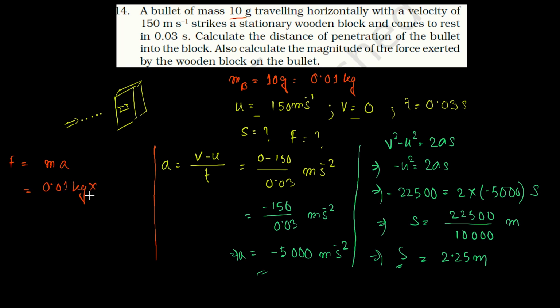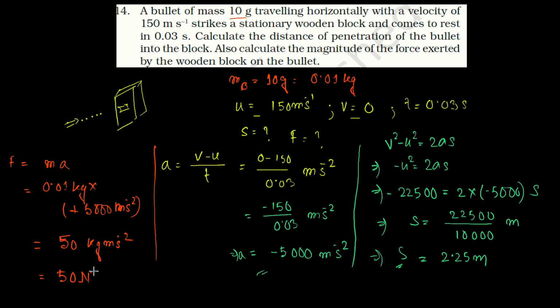And the acceleration is minus 5,000, but we will not consider the minus because we are only going to consider the magnitude. So we write it as positive 5,000 meter per second square. If we solve, we get 50 kg meter per second square, that is nothing but 50 Newton.